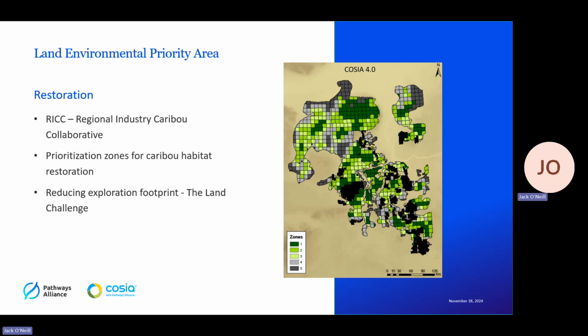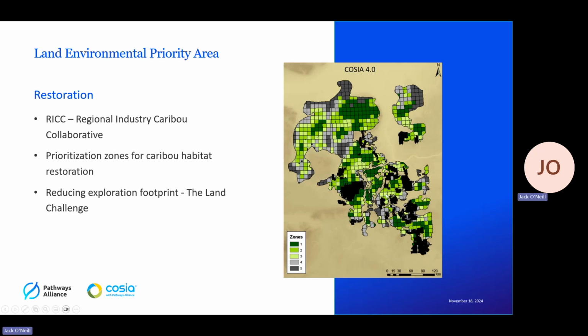So caribou, woodland caribou, are not fond of fragmented landscapes, and to assist with reducing fragmented landscapes, linear programs restore habitats and aim to reduce that fragmentation.